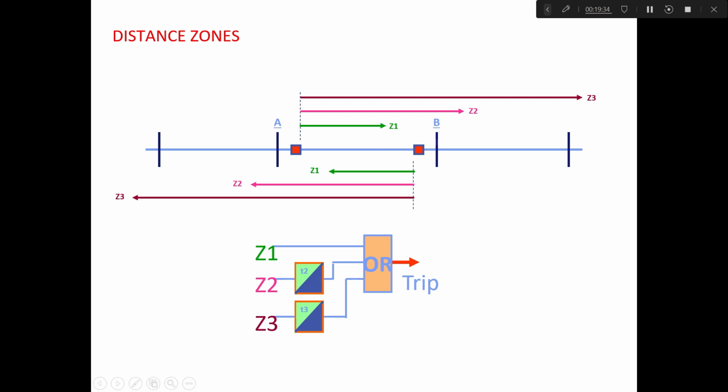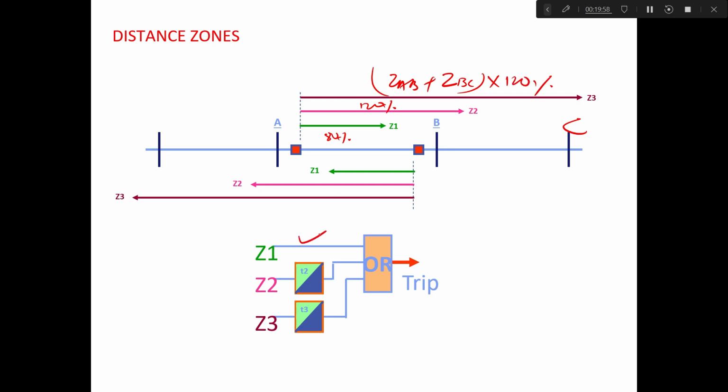Now consider these various zones, with substation A and substation B. The zone 1 from this substation will be 80%. Zone 2 is generally 120% of the principal line, and zone 3 is the principal transmission line AB plus the longest transmission line from the remote bus, BC, times 120%.